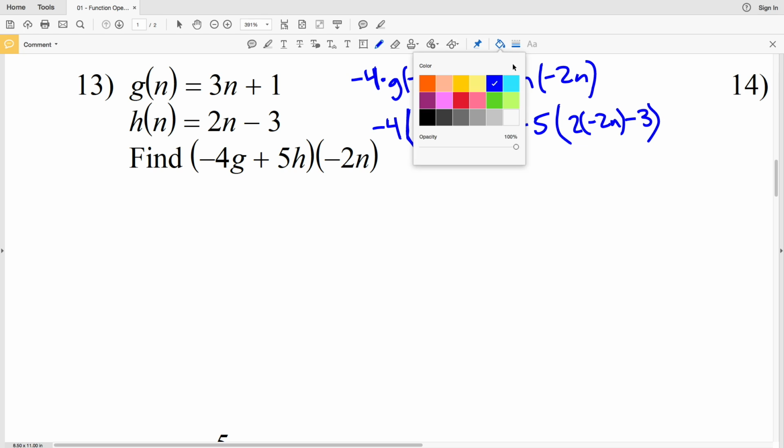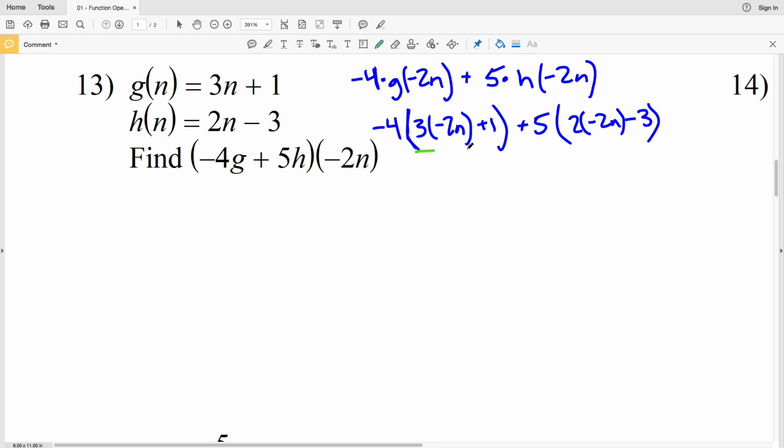So you can see what I've done is I've taken g of n, but plugged negative 2n for n, and then I've taken h of n and plugged negative 2n in for the variable n, and I still need to do my multiplication of those functions, but I'm going to simplify within my parentheses first.